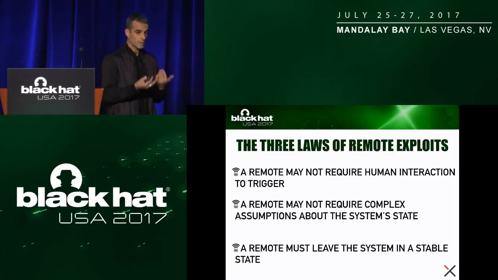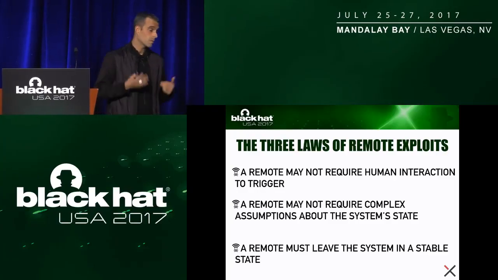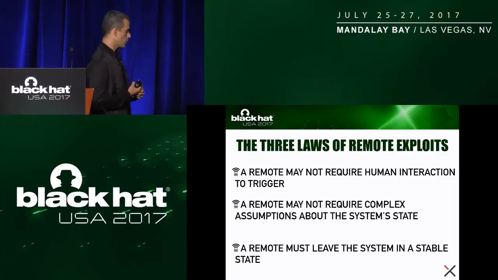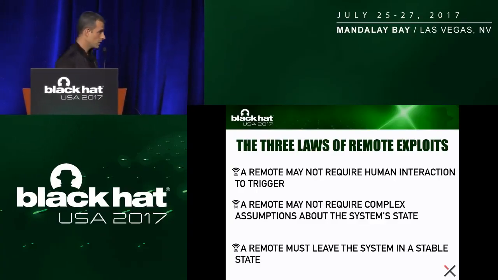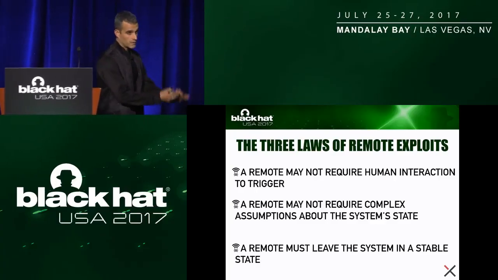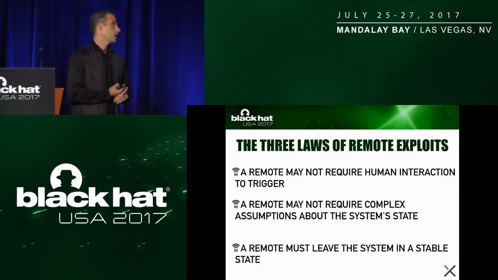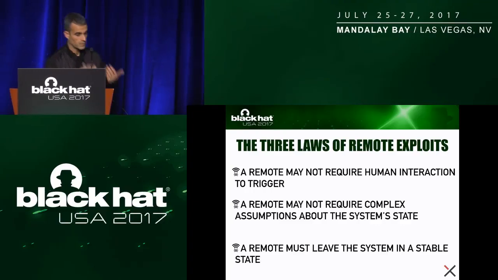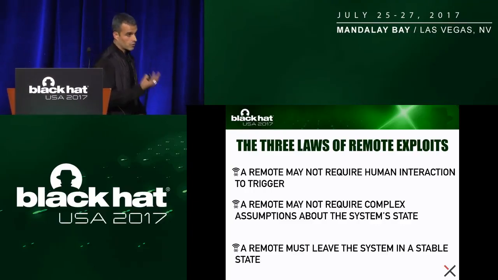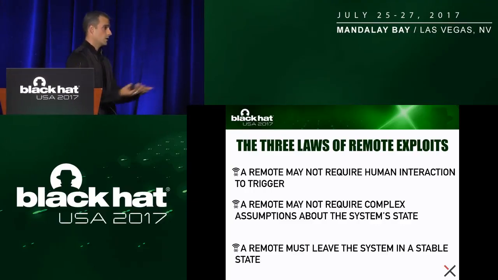It helps you with assumptions you need to make about the exploit. You can't make these kinds of assumptions in a remote. And the third important rule is that a remote must leave the system in a stable state. That's because you want to be persistent, you want to keep a stable presence, and you don't want to alert the target that you're attacking.